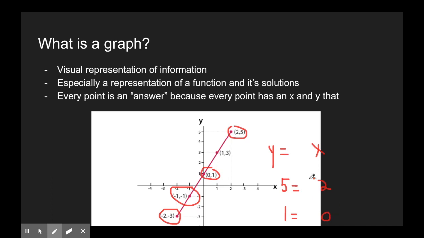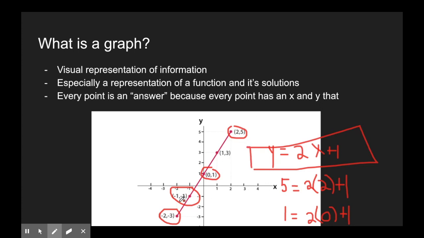And whatever's going on in the rest of my equation will help make this true. So this is the equation. And the reason it creates a graph is because each one of these points, when I plug that in for x and y, I'll be able to go, yep, it works.